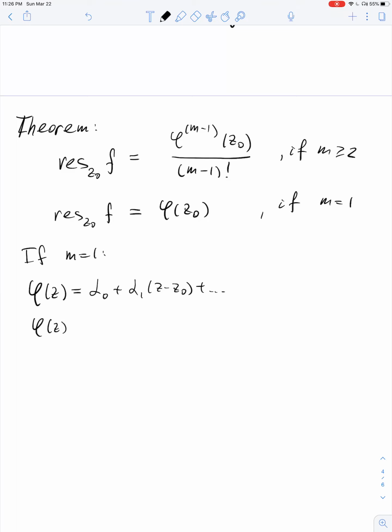And so phi of z divided by z minus z0, which is f of z, is alpha 0 divided by z minus z0 plus alpha 1 plus blah blah blah.